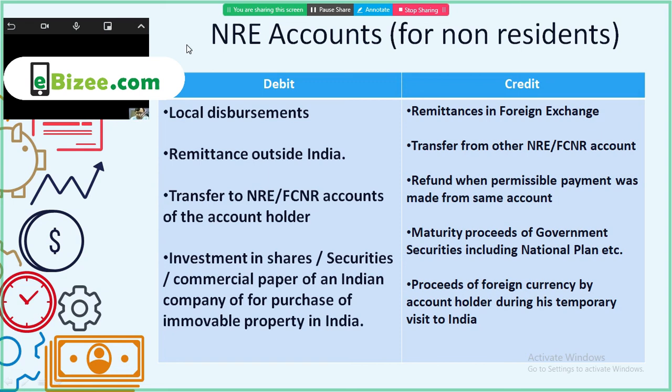Again, these ideas of these accounts also emanate from the similar type of accounts which many of the countries provide for their non-residents. Okay, so I will not go into the complete detail of the debits and credits of NRE account. So I will not read out some of the things which you can easily download from Google and keep it handy for your reference.